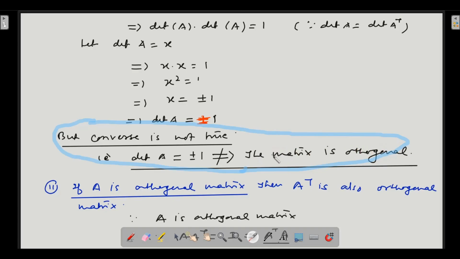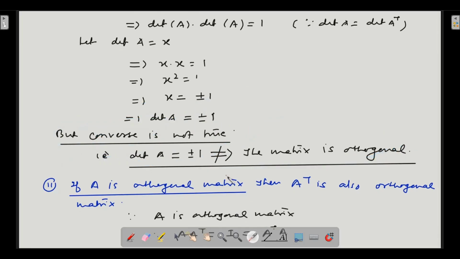So if the matrix is orthogonal, then the determinant will be plus minus 1. But if the determinant is plus minus 1, then it is not necessary that the matrix will be orthogonal. So the converse is not true. Keep this in mind. This is a very important fact, because this is the point where students get confused.